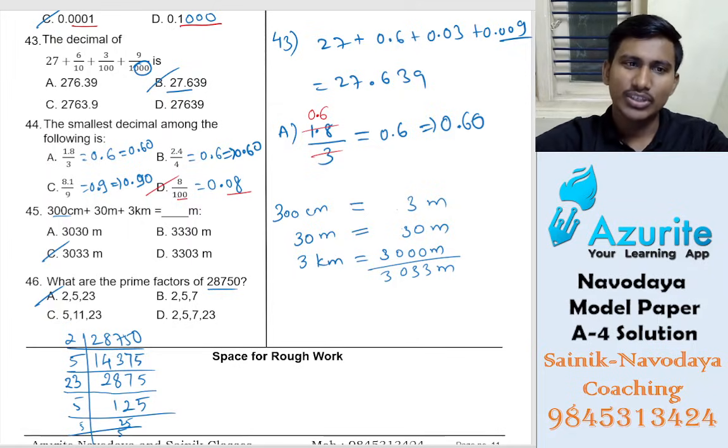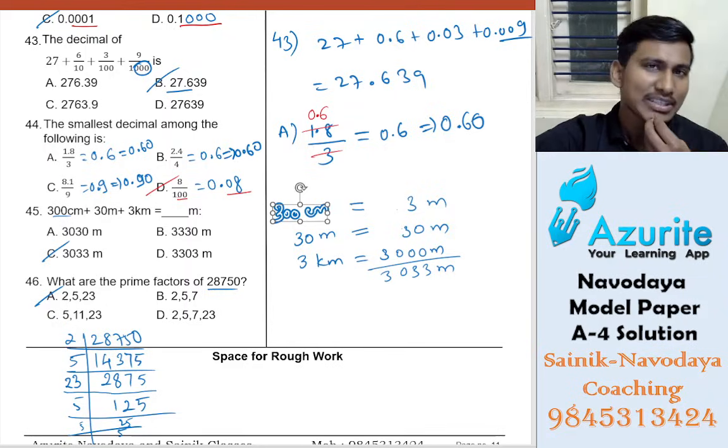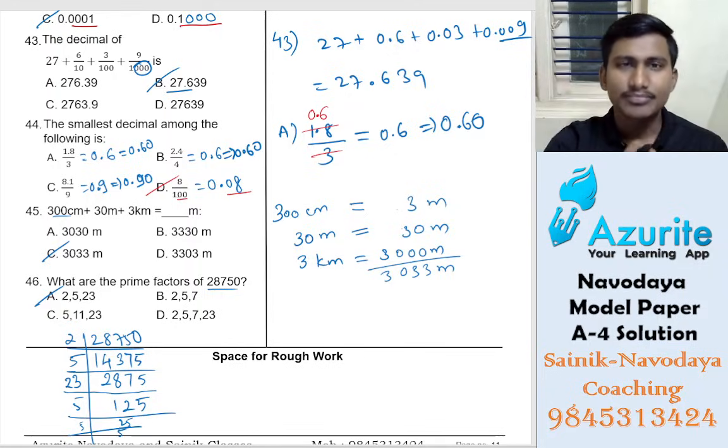Next question 45. What is the question? 300 centimeter plus 30 meter plus 3 kilometer is how much in meter? We have to find. 300 centimeter means 3 meter, because 1 meter means 100 centimeter.